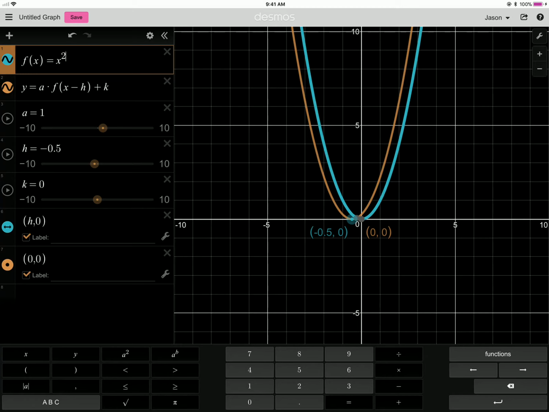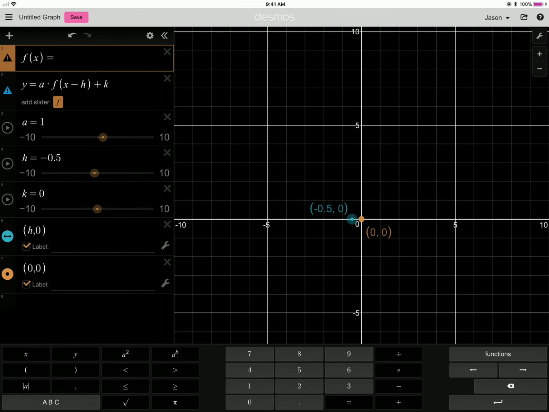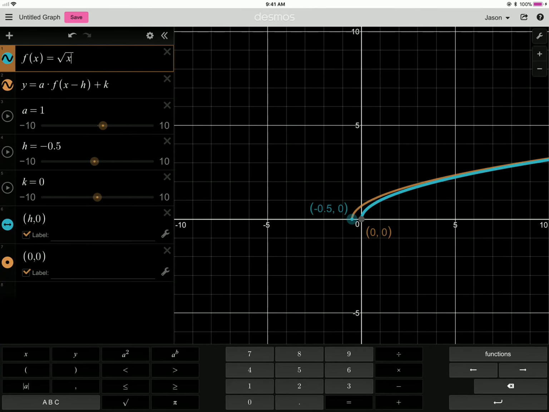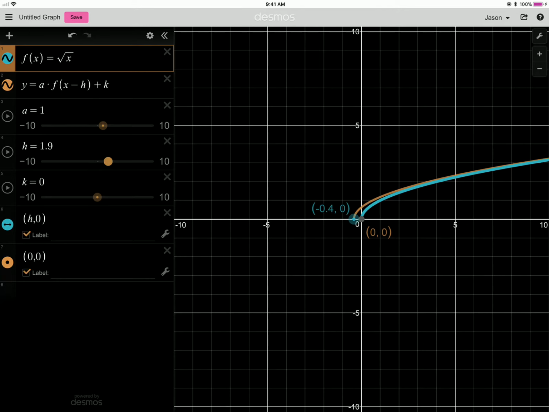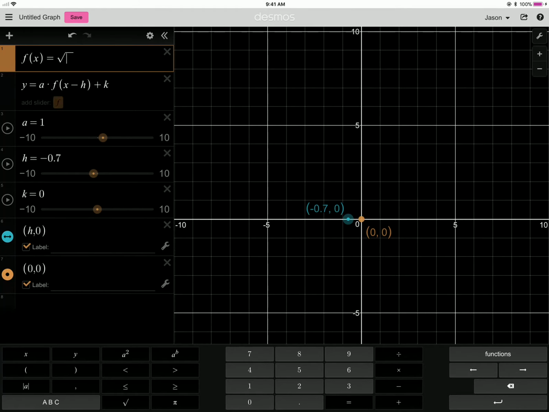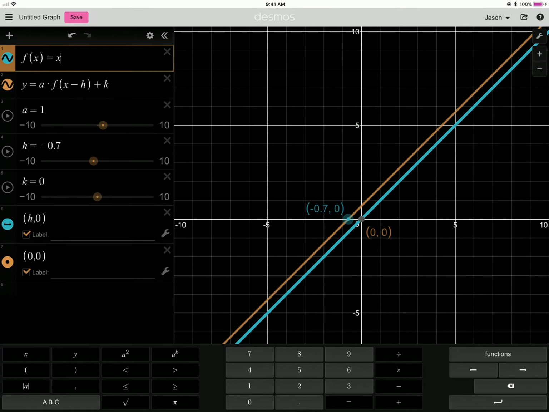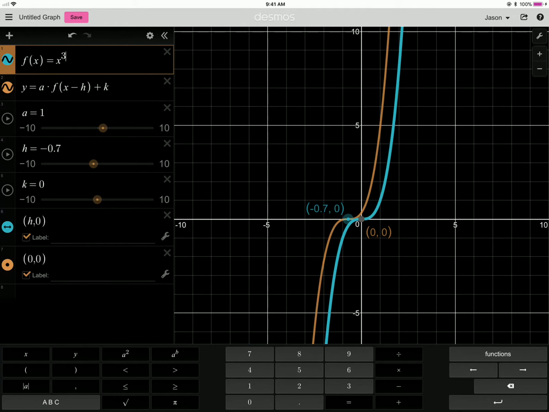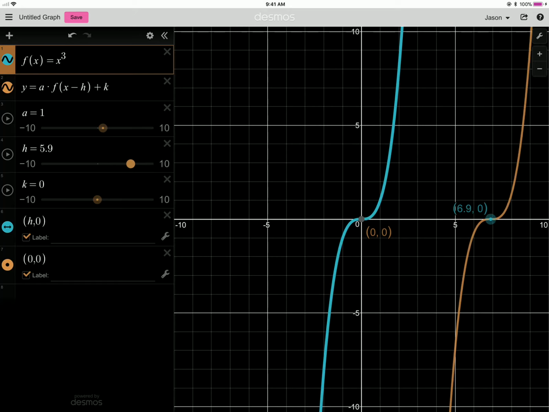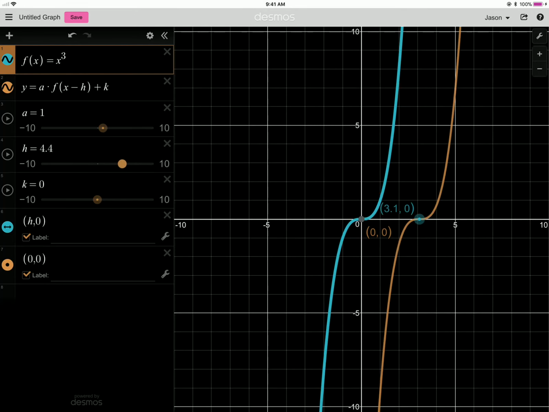If I change my parent function to the square root of x, we've got a right and a left translation or slide. X cubed for a parent function, I can slide it right and left by changing h.